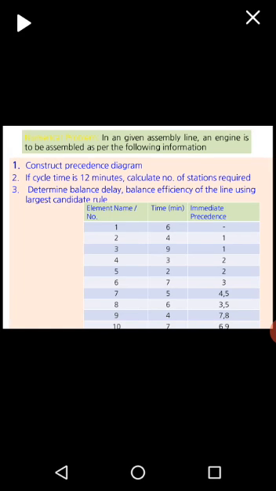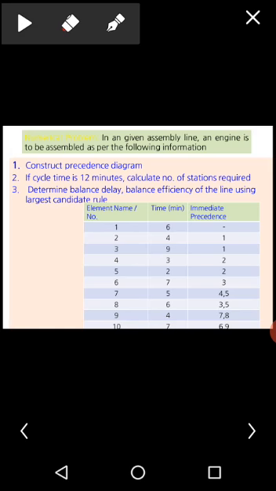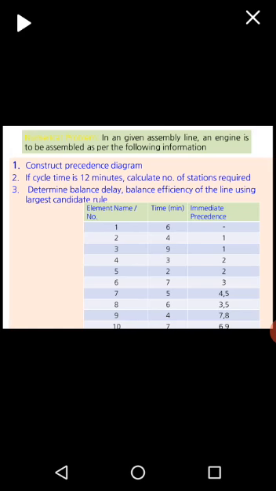Dash means it's a starting point. For element 2 the time is 4 minutes and its precedence is 1. For element 3 the time is 9 minutes, its precedence is 1. For element 4 the time is 3 minutes and its precedence is 2. For element 5 the time is 2 minutes, its precedence is 2. For element 6 the time is 7 minutes, its precedence is 3.